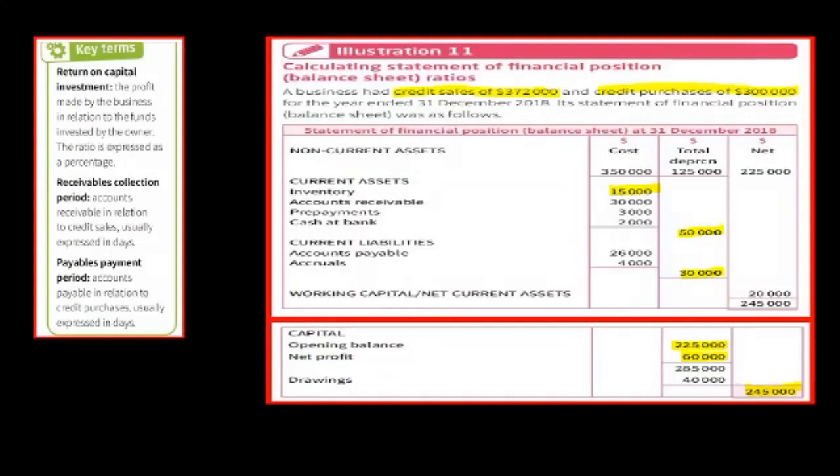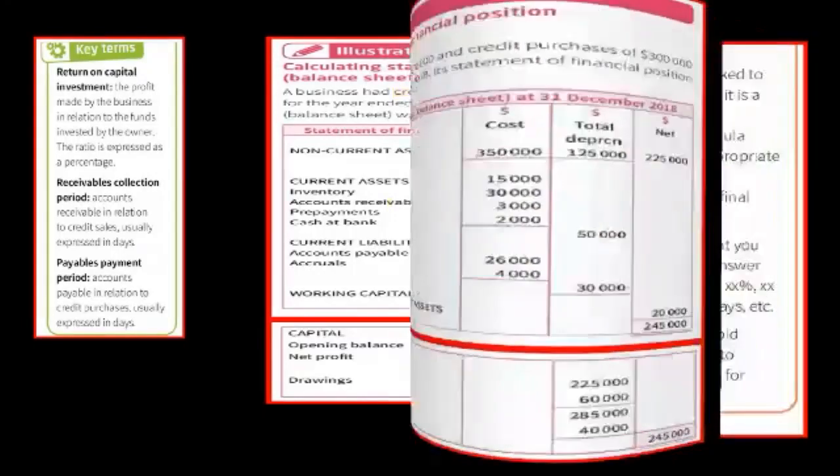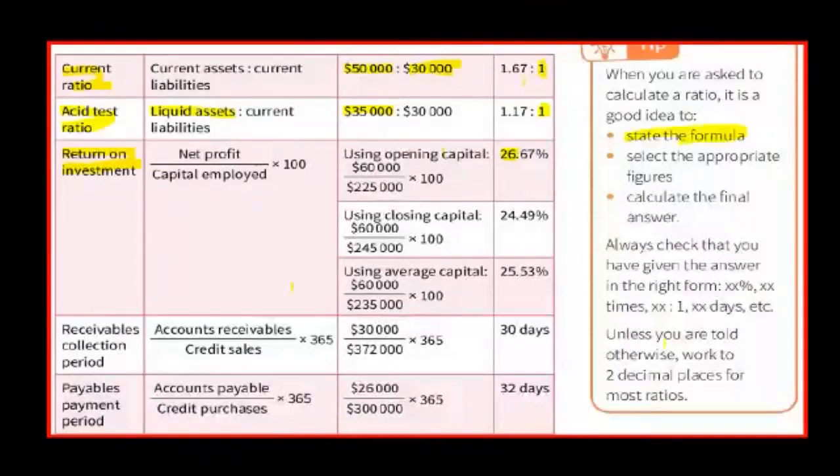For those figures, the accounts receivable figure is 30,000 here, and the accounts payable is 26,000 here. So that's where they are coming from. And we have 30 over 372 multiplied by 365, and that equals 30 days.